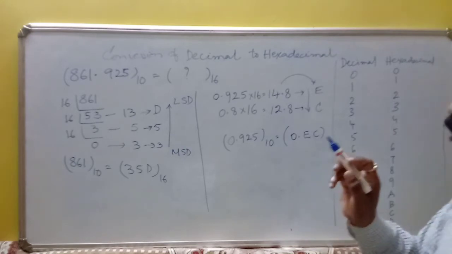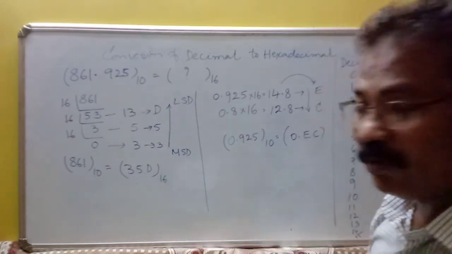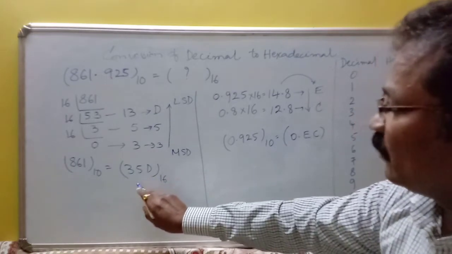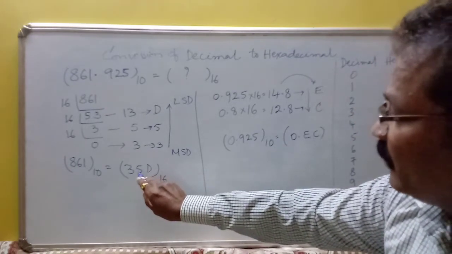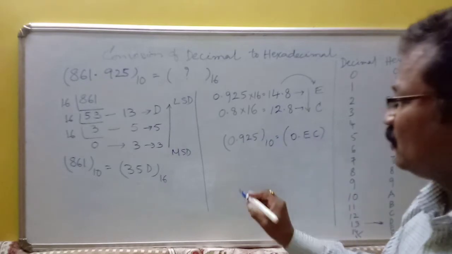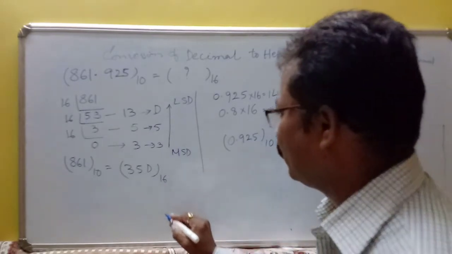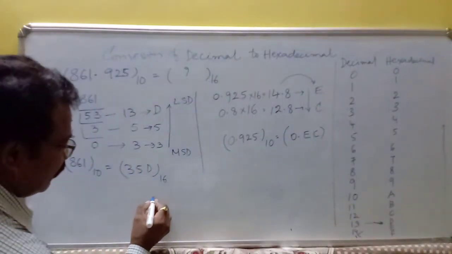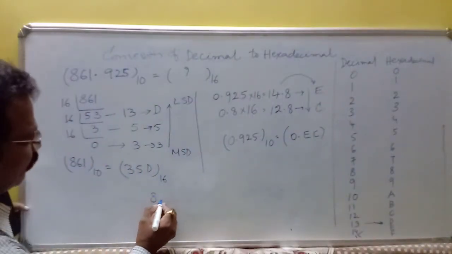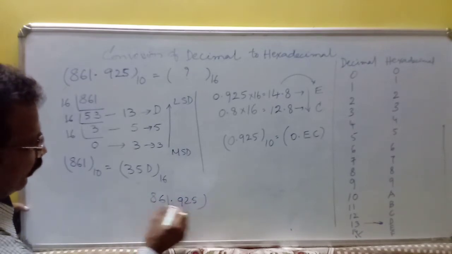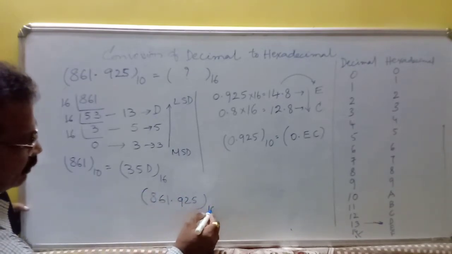Now you have to consolidate or combine this integer part and fractional part. So hence, here what is the given problem? 861.925 base 10.